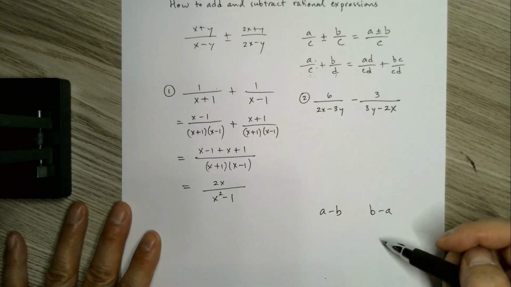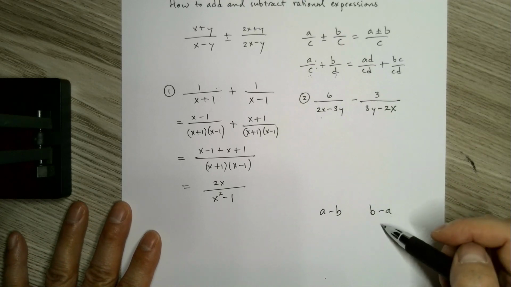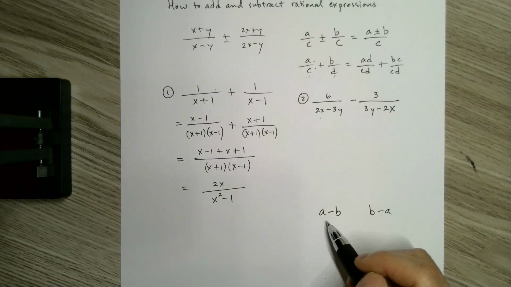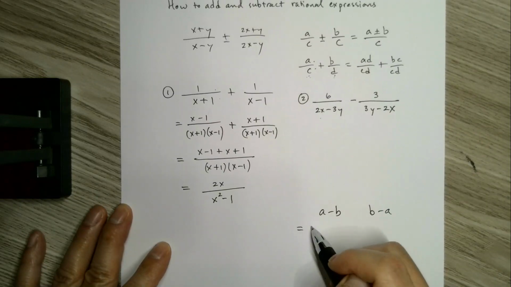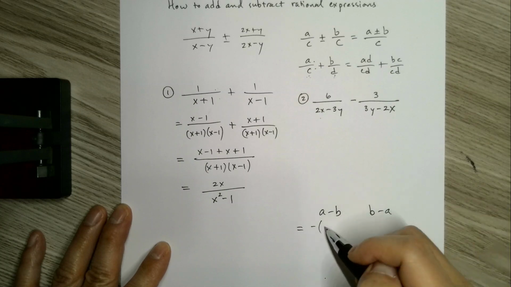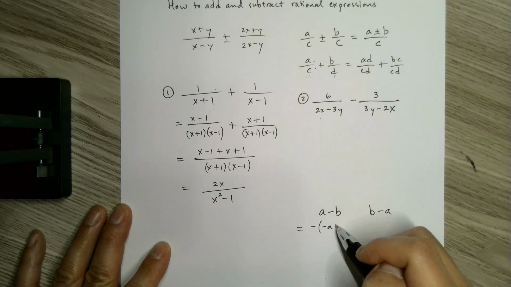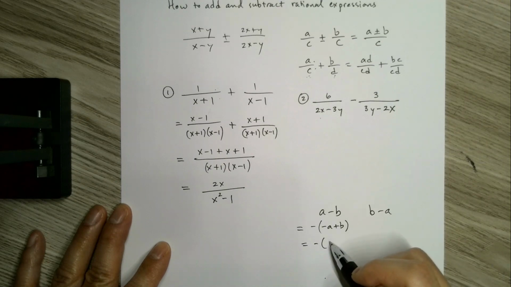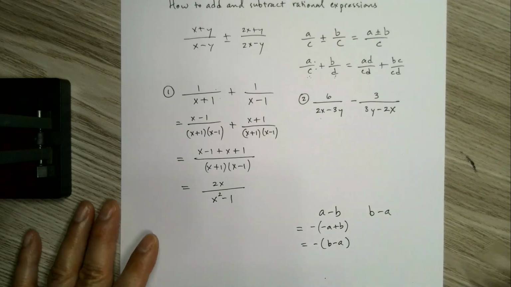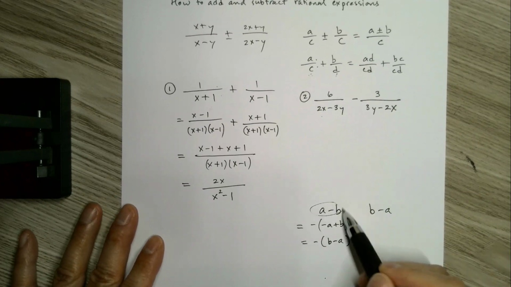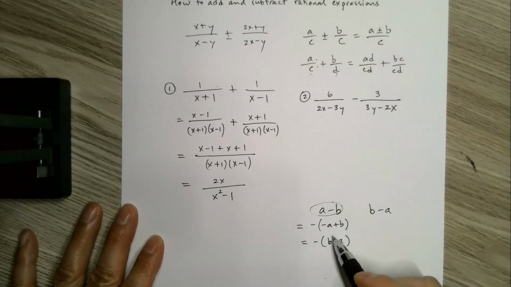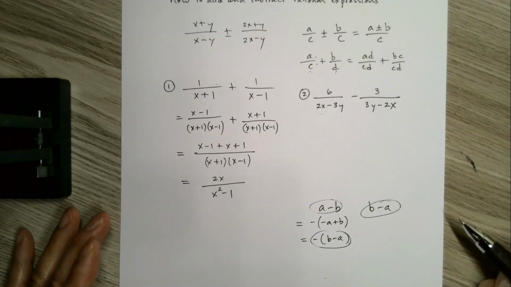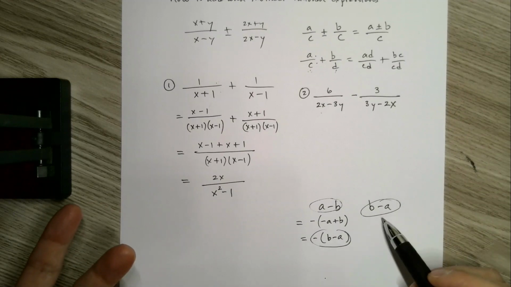And that's important because if I take a negative out of a minus b, factor it out like a GCF, the leftover is negative a plus b, which is also known as b minus a. So this a minus b is actually negative b minus a. It's just the negative of b minus a.